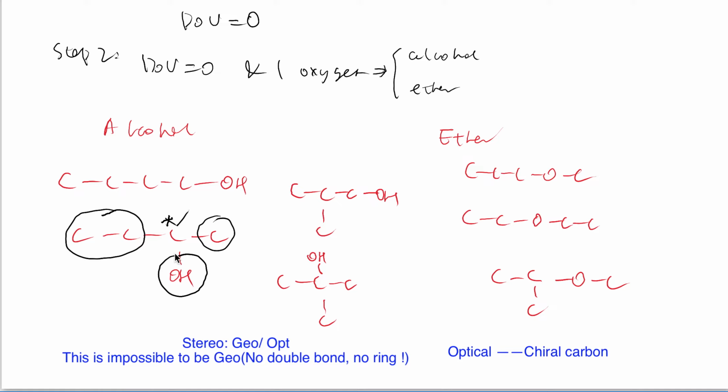This one nothing, this one nothing, this one nothing. So there's only one optical isomer. When you label like that, you get full marks. So that's the answer for the second question.